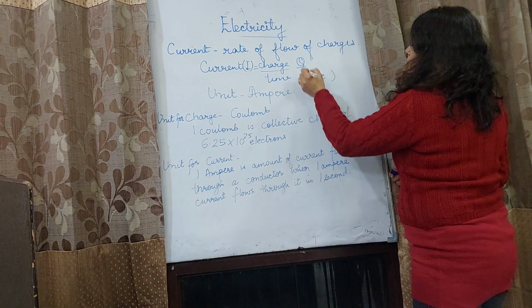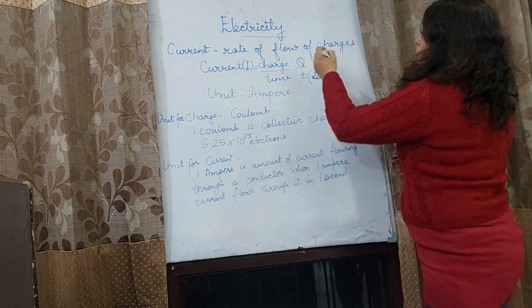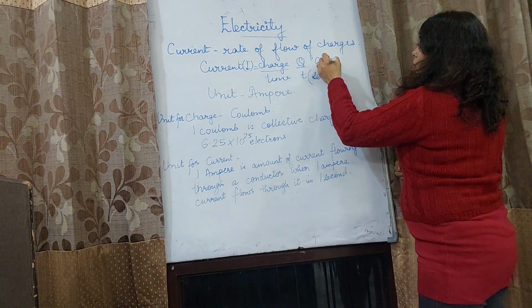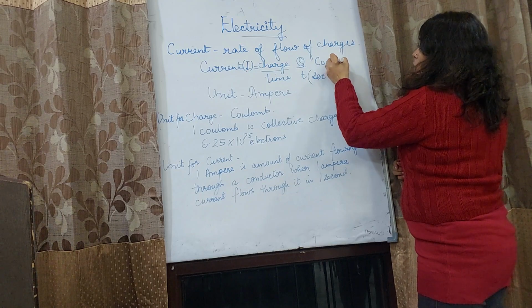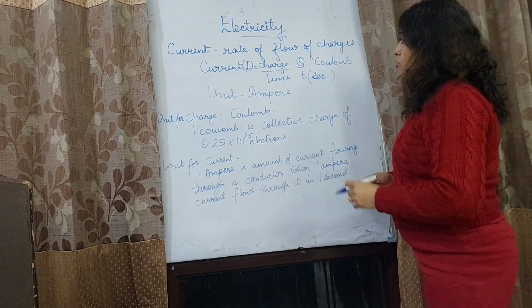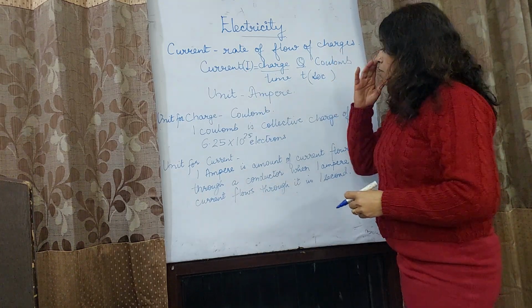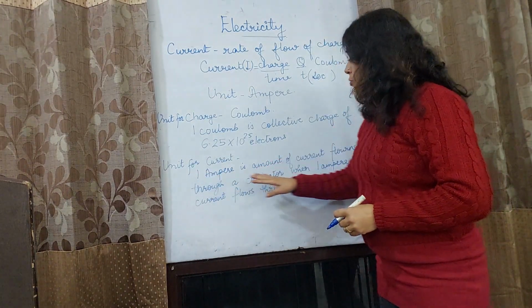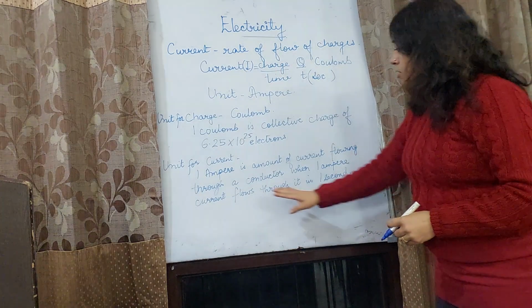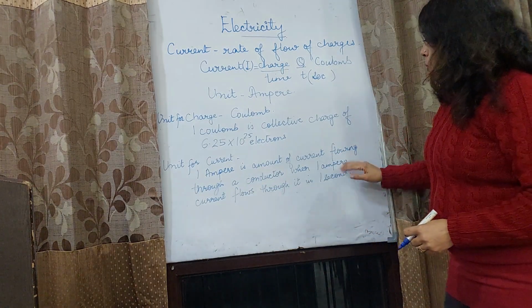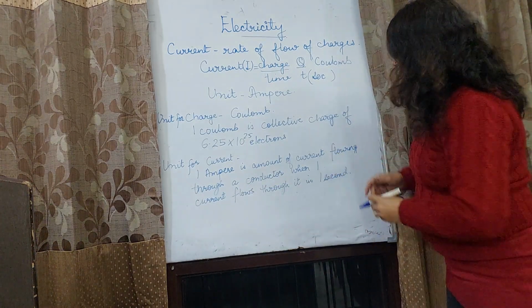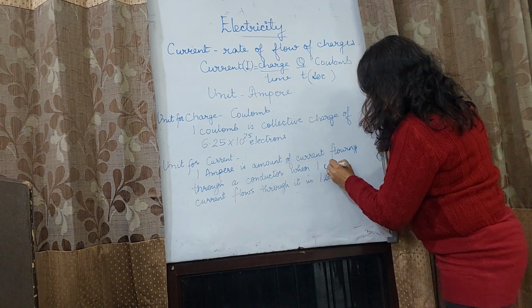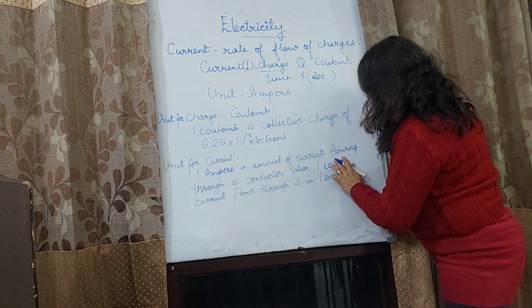So when we say a current of 1 ampere is flowing through a circuit, we are basically referring to the amount of current flowing through a conductor when 1 coulomb of charge flows through it in 1 second.